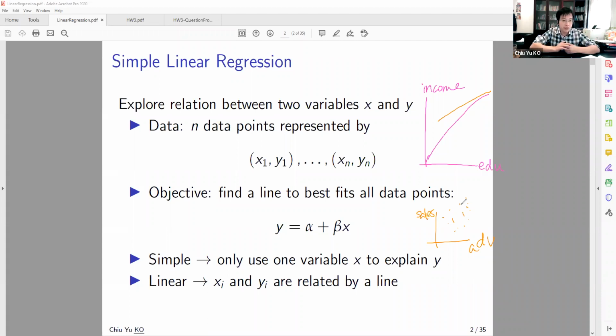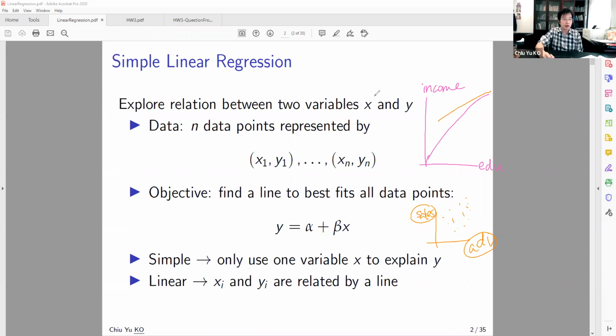Christmas may have more, even though you don't do any advertising. So the data you collect in the real world has a kind of random element there, which is not captured in the model, right? In particular, in this case, sales is not only dependent on advertising. It can depend on a lot of other factors, but we just study the relationship between the two, like the 2D scatter plot we have here, okay?